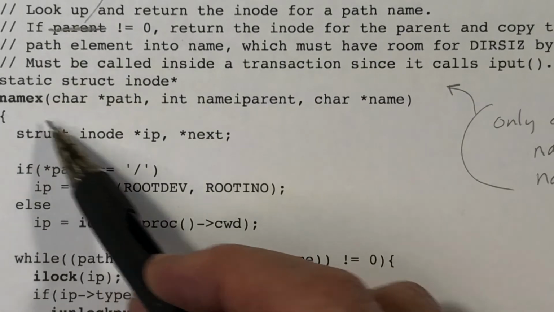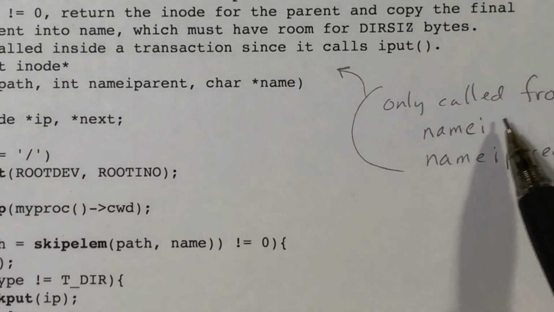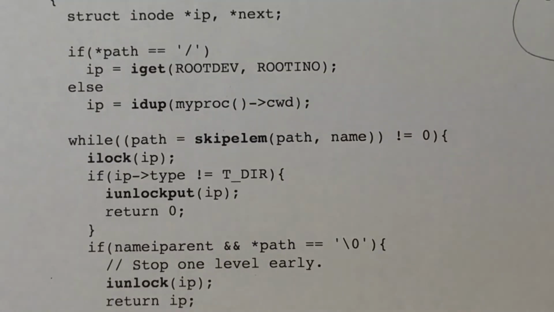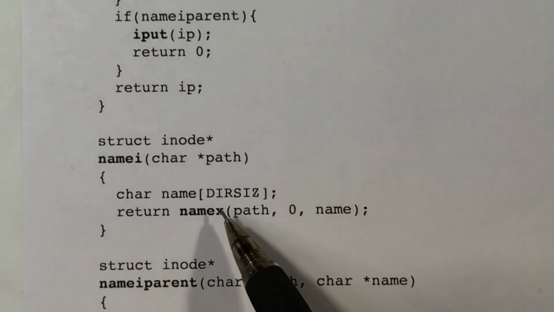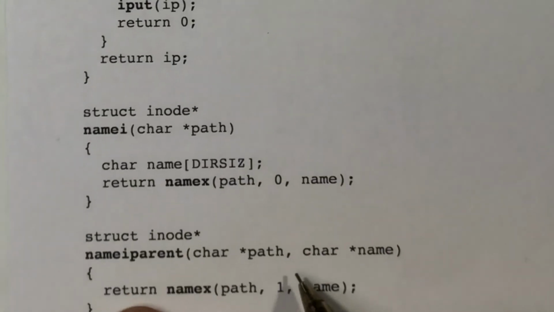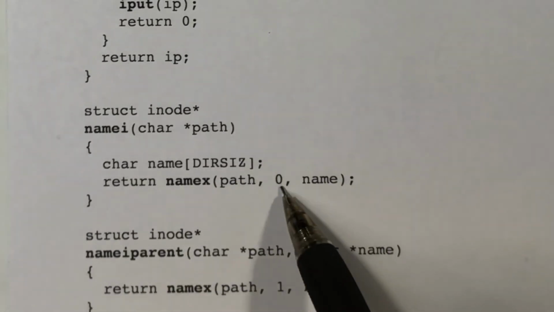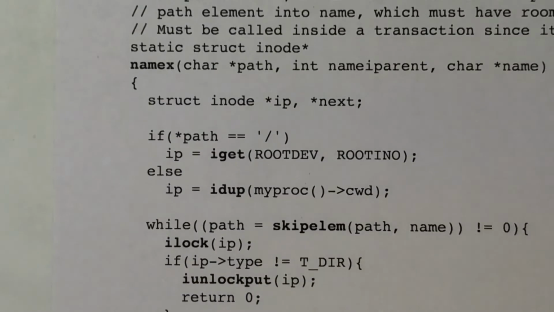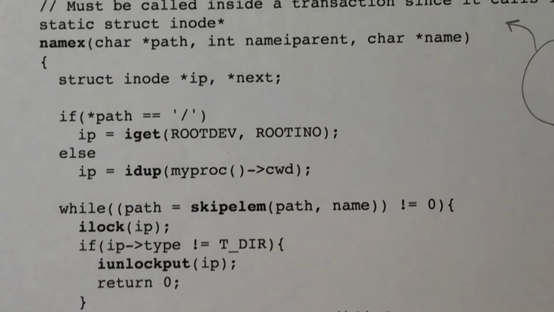This nameX is only called from nameI and nameI parent. So I think the way to look at this is to imagine we're calling it from nameI first, and I'll look at the second case a bit later. Imagine that this flag is 0, and we have a 14-byte area that we can use within this nameX function.